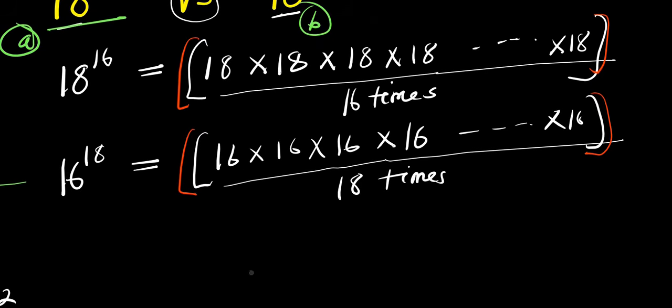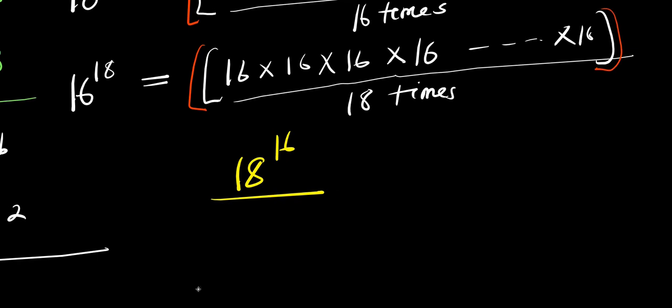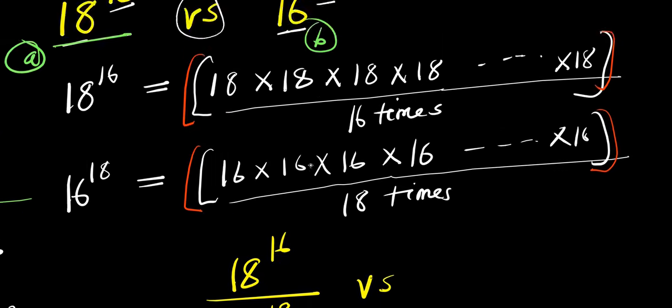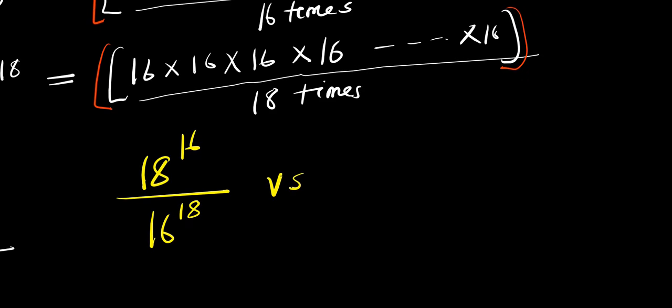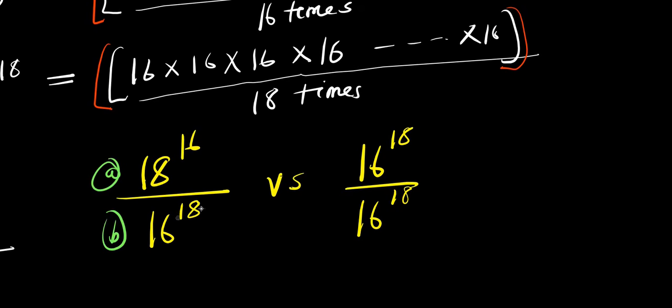Remember, our A is 18 power 16, divided by our B, which is 16 power 18, versus 1. Dividing B by B gives us 1.